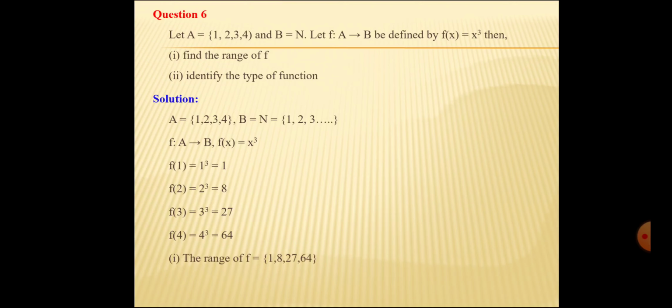Next you want to find out the type of function. How? Easily. The answer is 1, 8, 27, 64. Every answer is different, so different images, it is a 1-1 function. It is a 1-1 function and an into function.